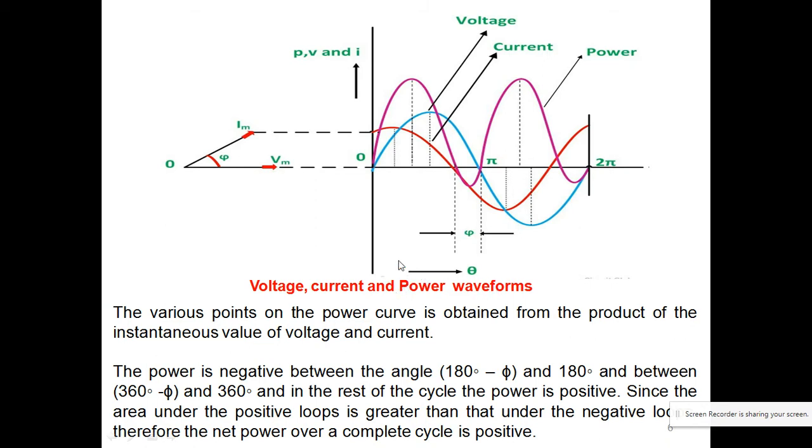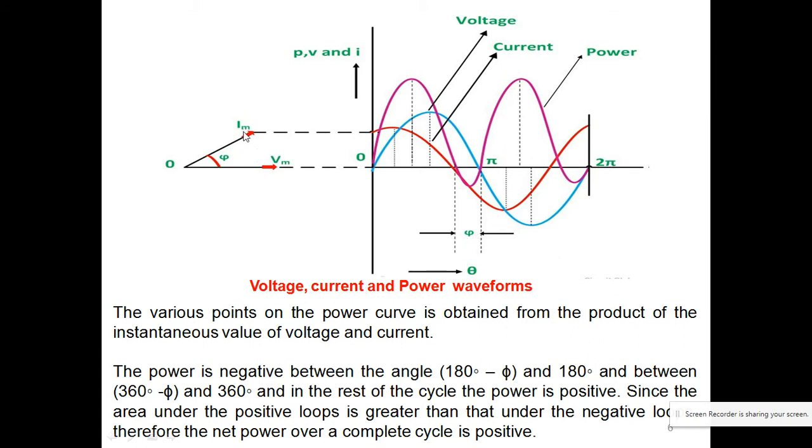From this diagram, you can visualize the meaning of the voltage and current, because our voltage is lagging by the angle phi, or we can say our current is leading by the phi angle. So here I am considering my voltage starts from 0, and my current is leading by the angle phi.